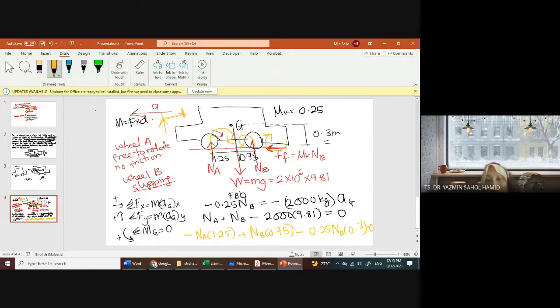Okay. So you dah ada 3 equation ni. Cuba dapatkan NA dengan NB dulu. Dah dapat tu masukkan dalam formula yang pertama ni untuk dapat acceleration. So tolong bagi I the answer.